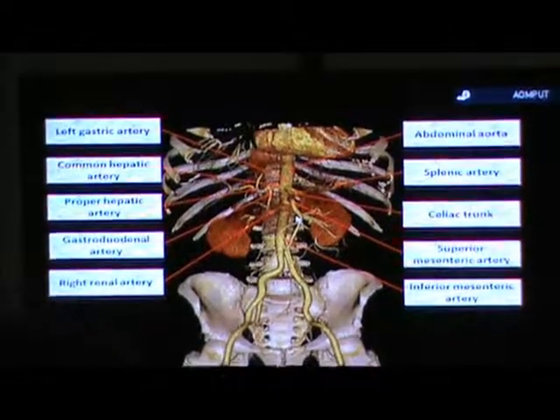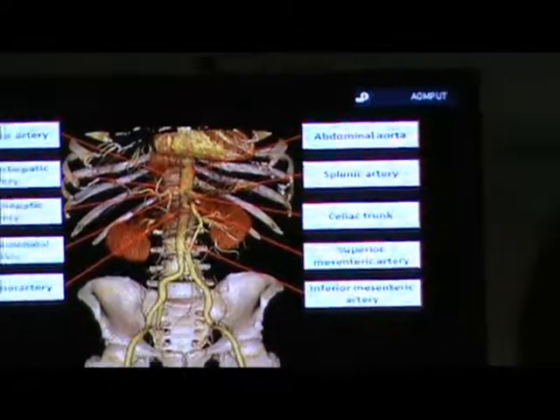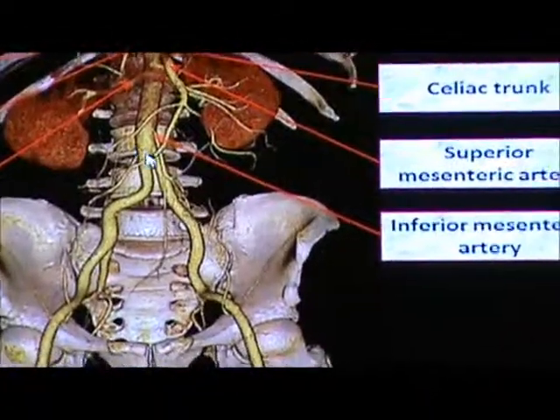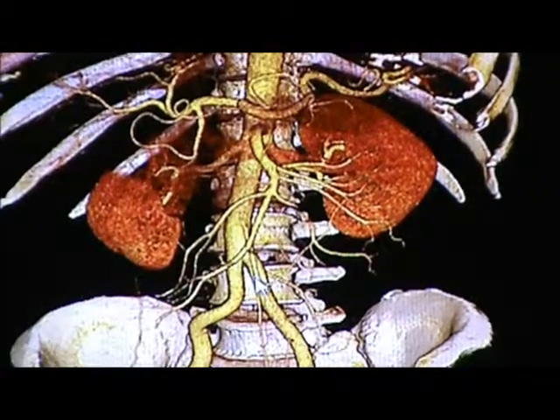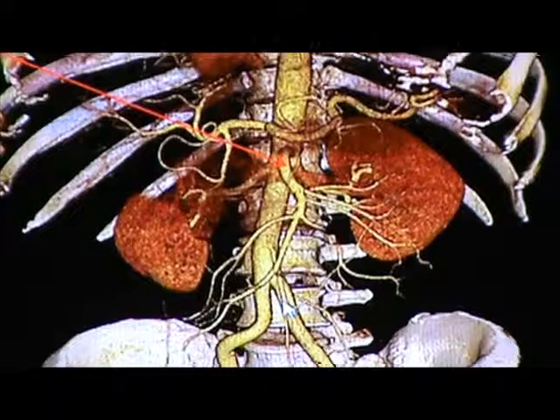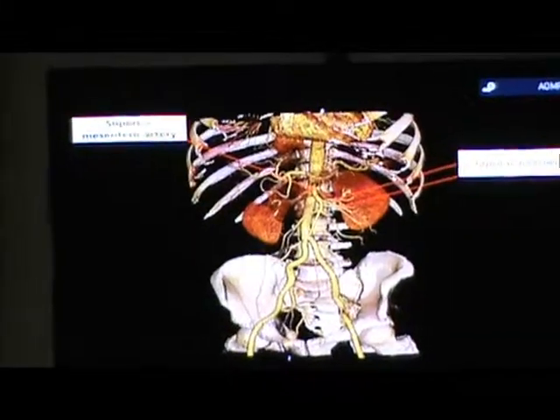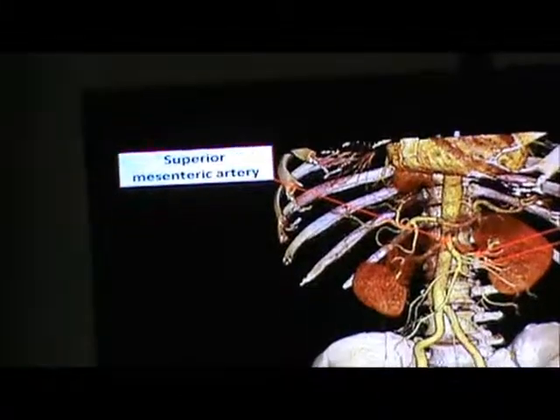We can also find, as I said before, about 4 to 5 centimeters above the bifurcation of the aorta, there is an inferior mesenteric artery. Speaking about the superior mesenteric artery, it also branches into some arteries, which we can find here.